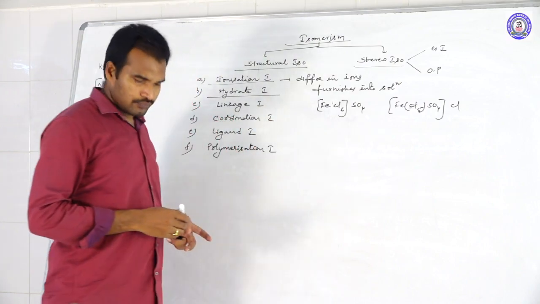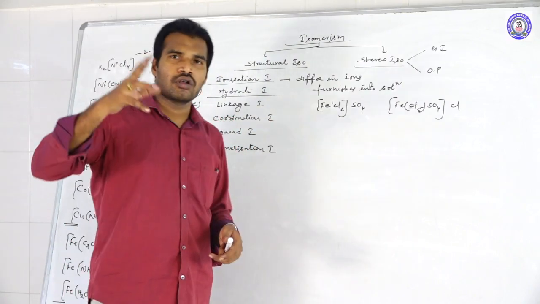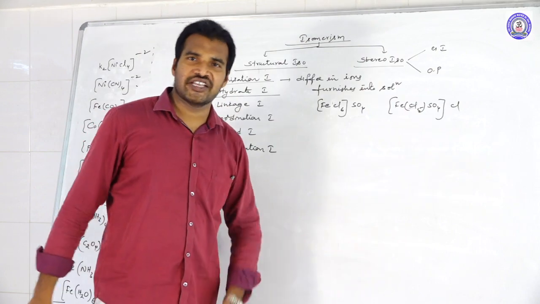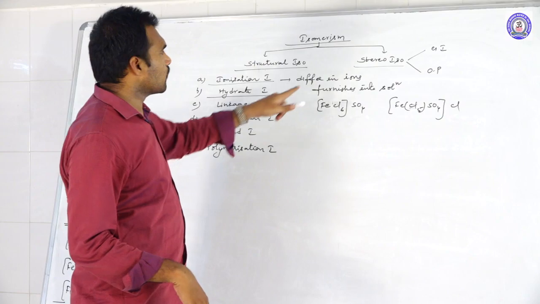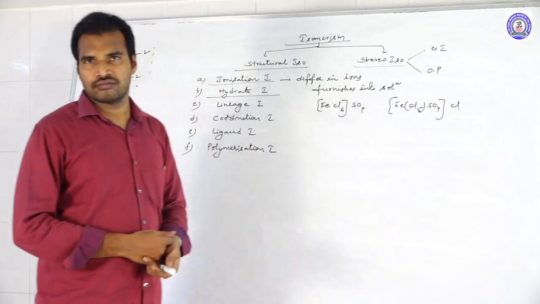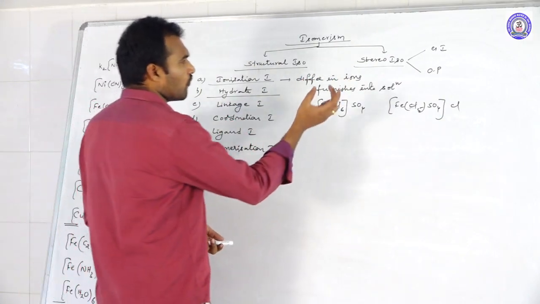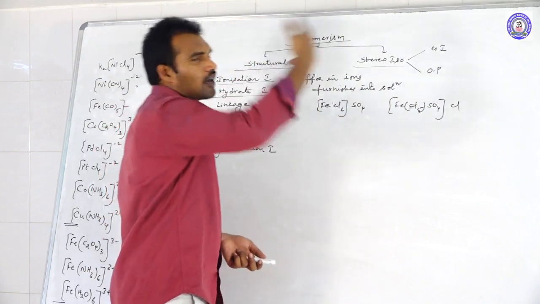Next, move on to the second type: hydrated isomerism. Hydrated isomerism also comes under the same ionization isomerism, but here, in the place of ions, it is water. There is an exchange of water ligands inside and outside.